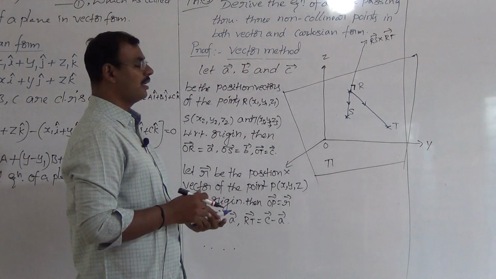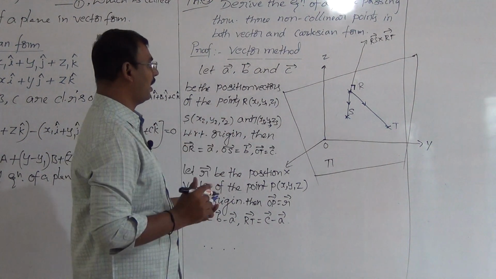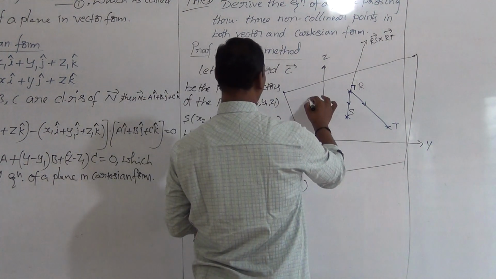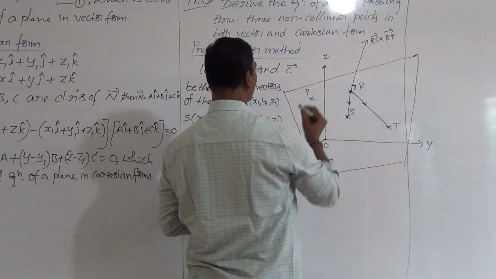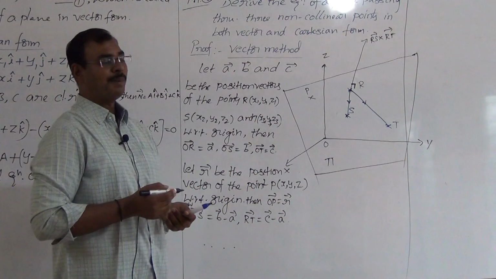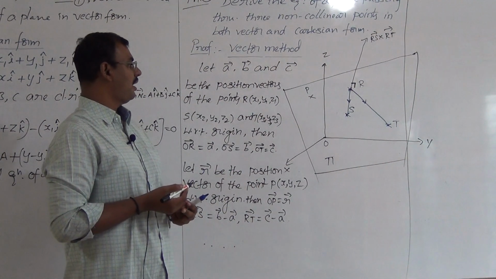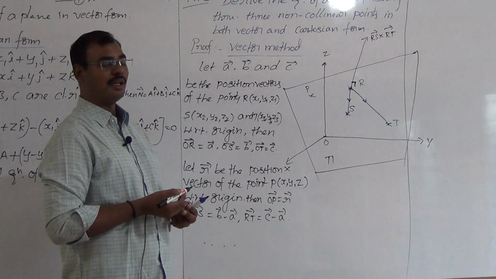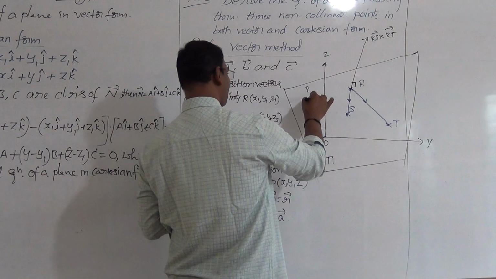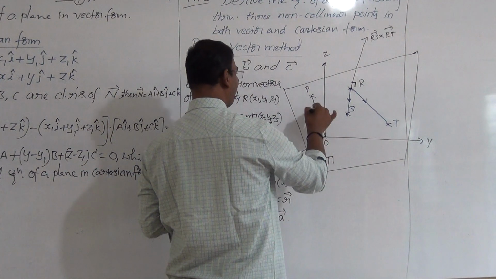Now I am taking any general point. If I take P(x, y, z), let P equal to (x, y, z) be any point on the plane. Now join OP. What are we getting? OP vector.